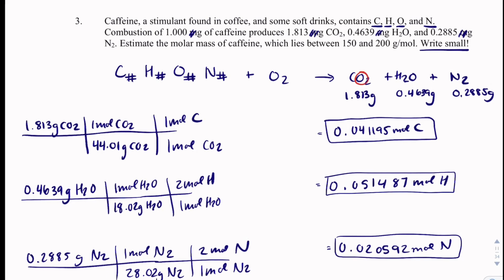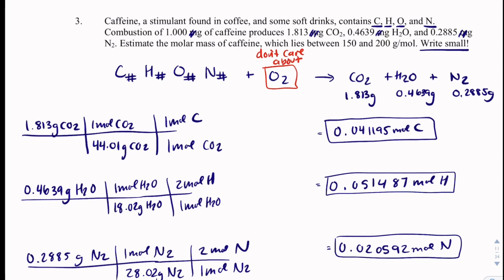Some of these O's are from here, and that's what we care about. We just care about the O's that came from caffeine. But if you look at the reaction, some of those O's just came from the air, just the oxygen in the air. And I don't care about however many we had there.